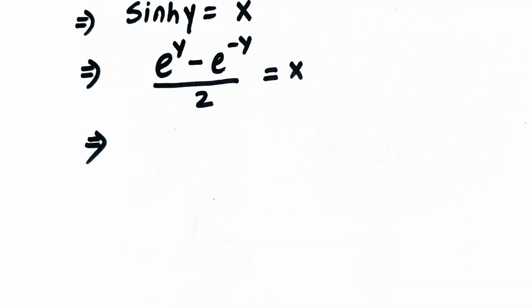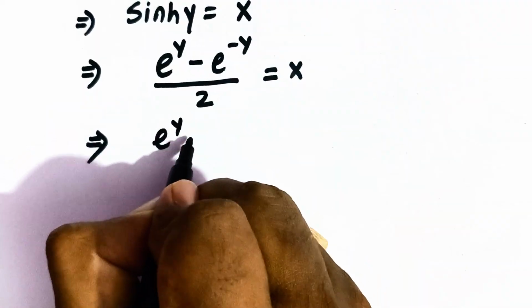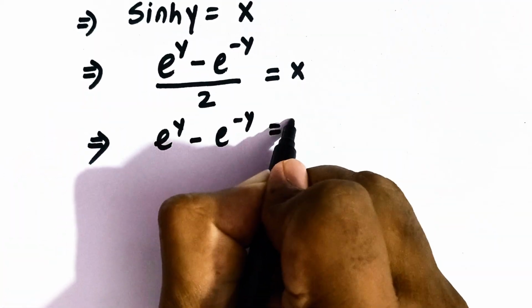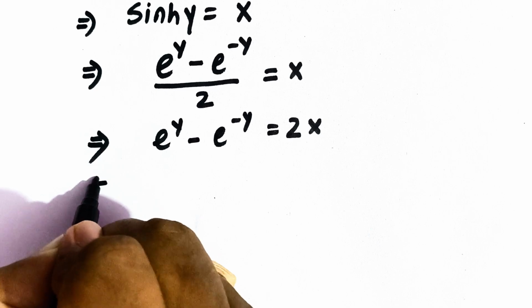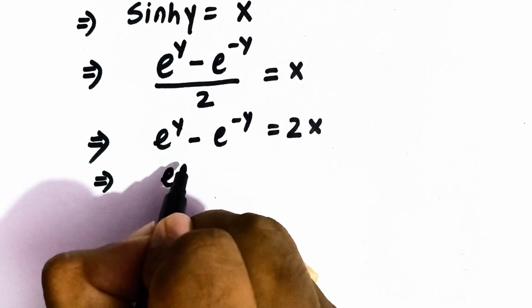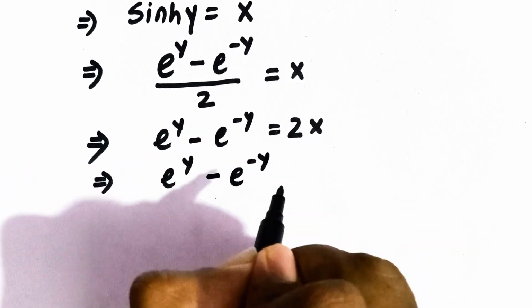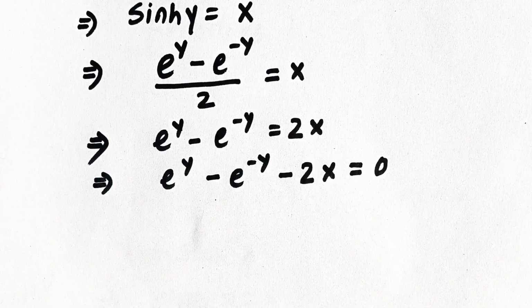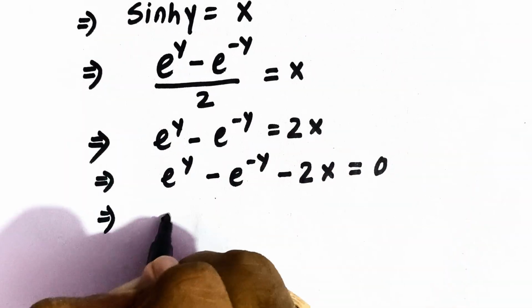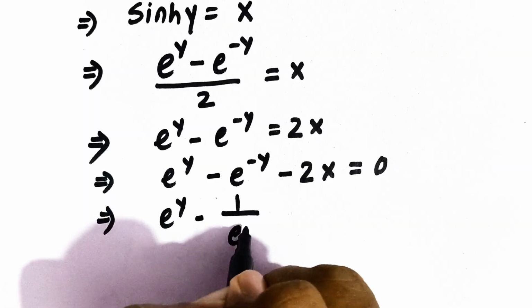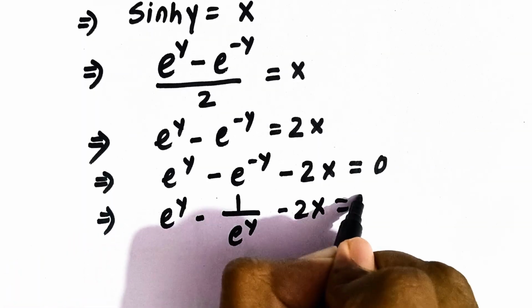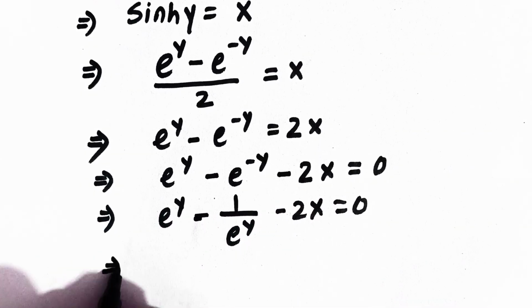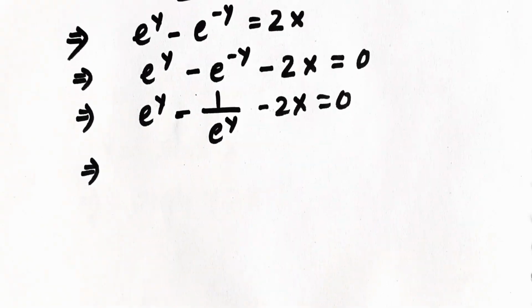So multiply 2 both sides, we have e^y − e^(−y) = 2x. Bring that 2x to the left side, we have e^y − e^(−y) − 2x = 0. And this one is e^y − 1/e^y − 2x = 0. Now multiply e^y both sides.